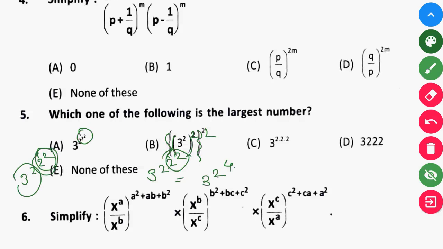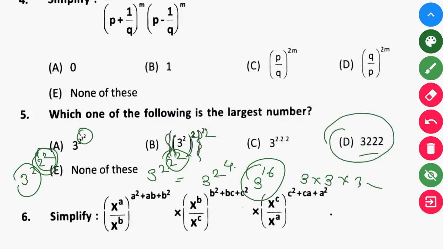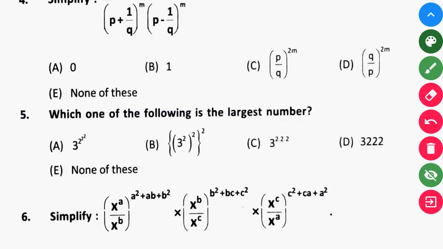Now the fourth exponent of 2 is given to us, so it becomes 3 raised to 16, and now you have to multiply 3 with 3, 16 times, and you will get the answer, which is obviously bigger than this 3222 if we solve.